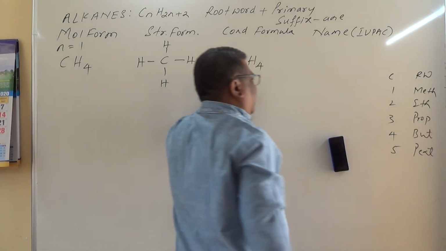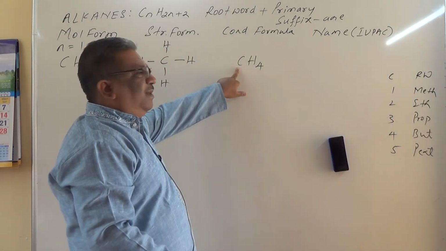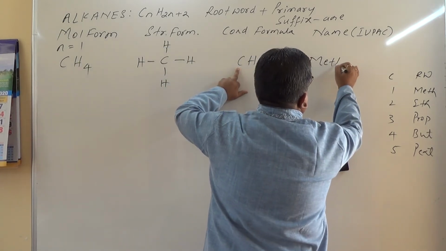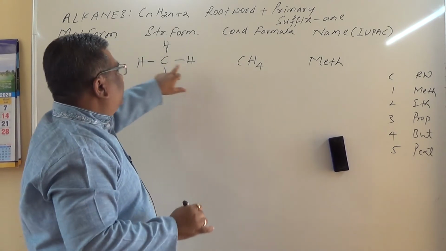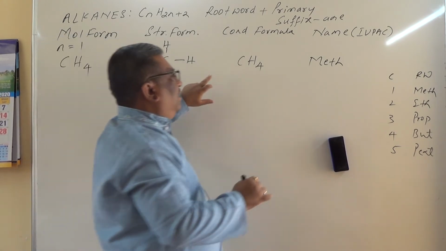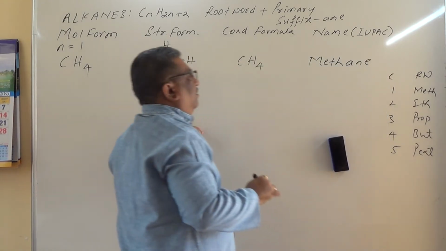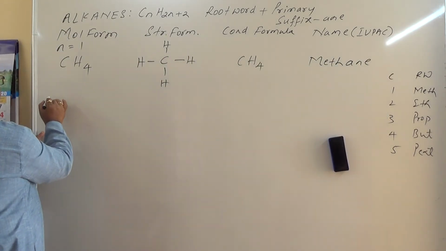These are the root words. Only one carbon atom is there, and therefore here it is meth. And there are all single bonds only in this one. So this is ane, methane.